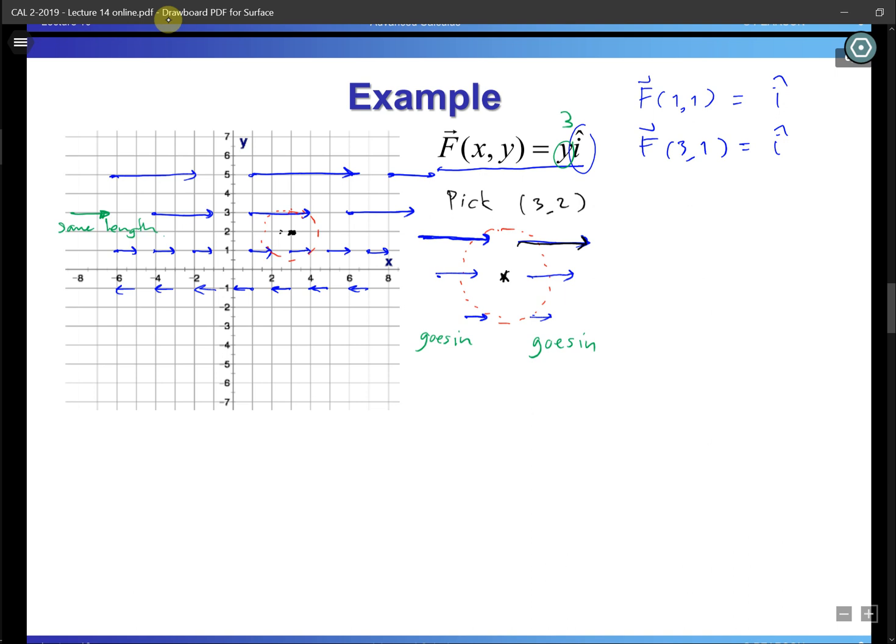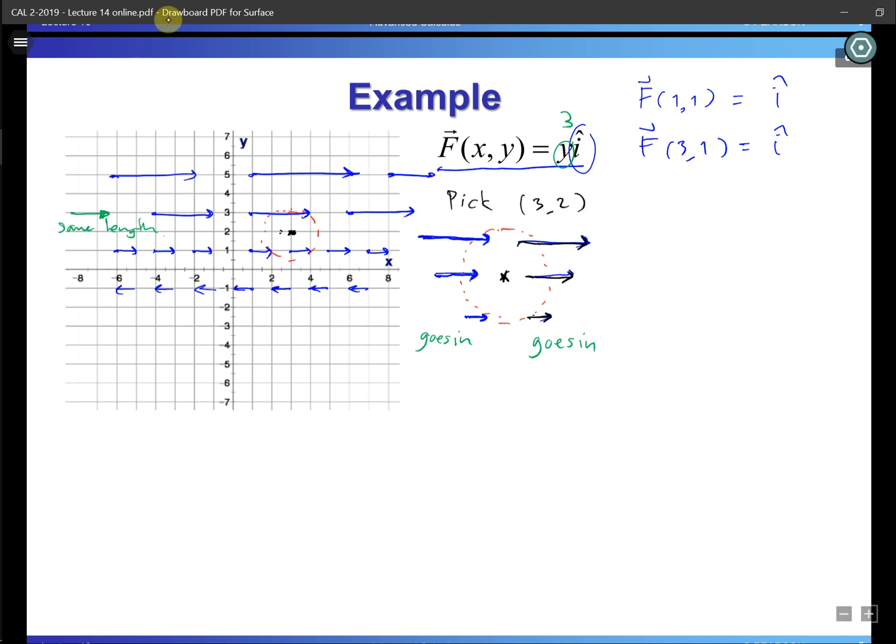The next one goes in, and the same size arrow goes out. Small one goes in, small one goes out. So at this point, can you predict what the divergence is going to be? Same amount of flow goes in and the same amount goes out.